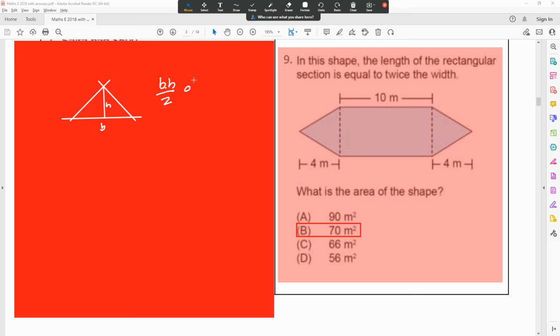Or some people say half base times height. Okay? And the area for a rectangle? What's the area for a rectangle? Length times width, right? This gives me the area.